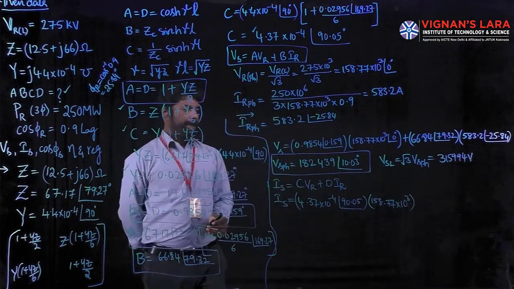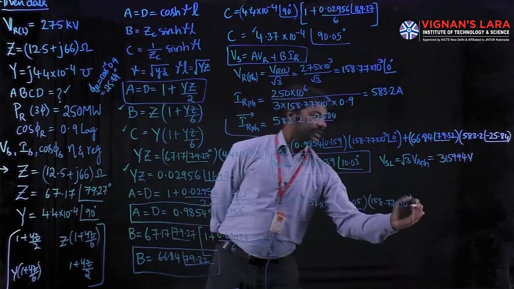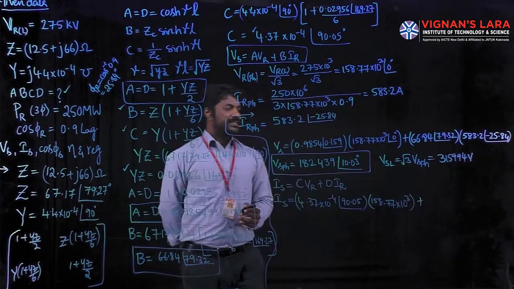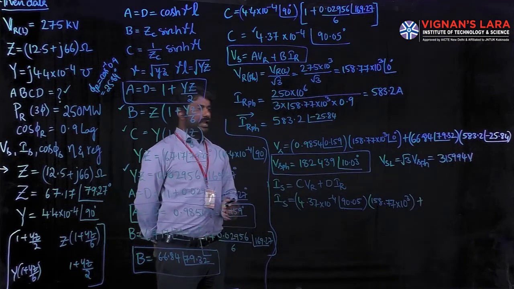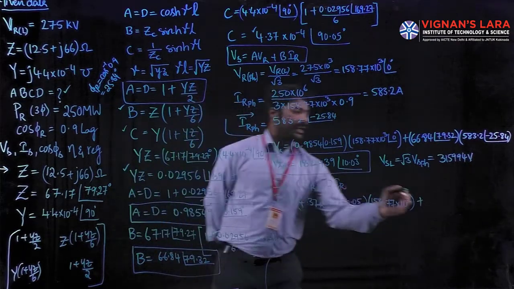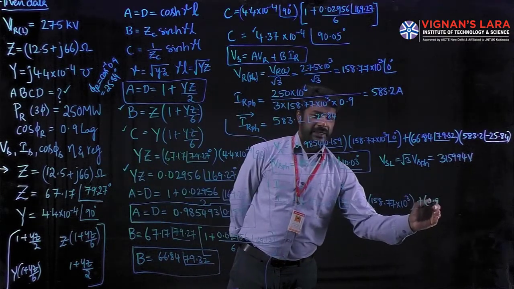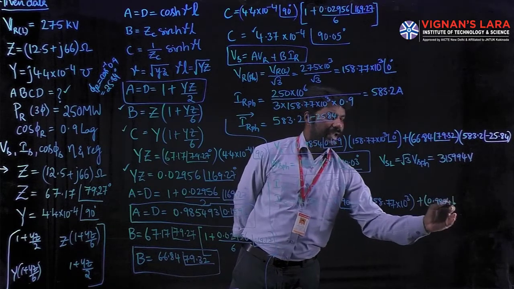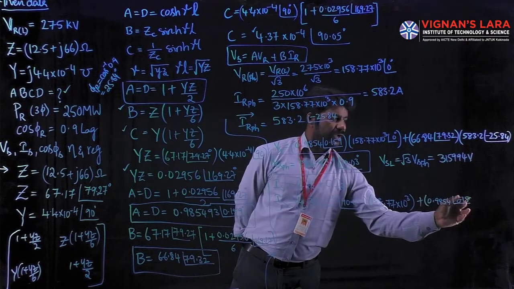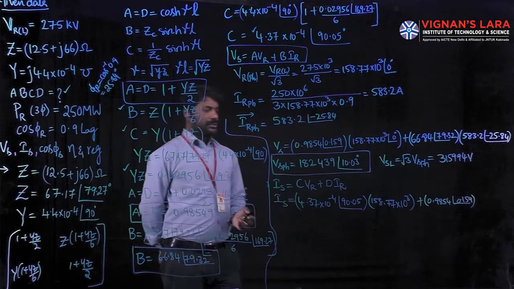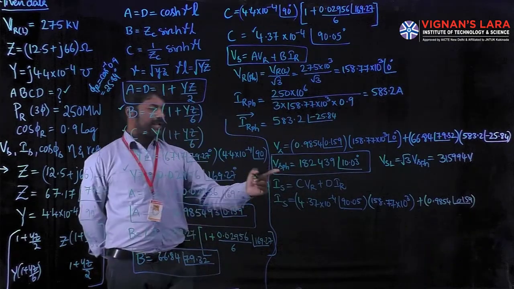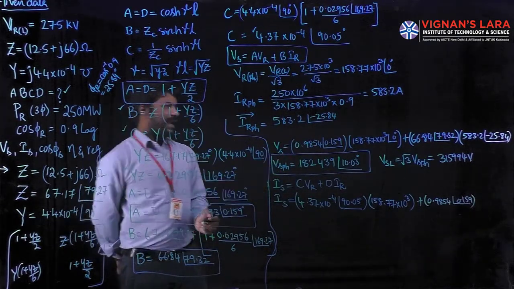CVR plus DIR. D value itself is equal to A, whose value is less than 1, and I can write that as 0.9854 at an angle 0.159. So CVR plus D into IR is left over.